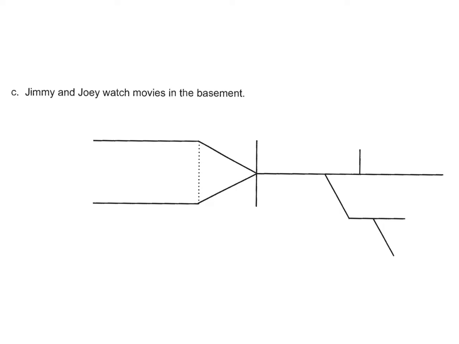2C, Jimmy and Joey watch movies in the basement. Who or what is this about? It's about Jimmy. And it's about Joey. Simple subject sub 1, simple subject sub 2, and connects those. What did they do? They watch, SP. Watch what? Movies, DO. Now we're left with this phrase over here.